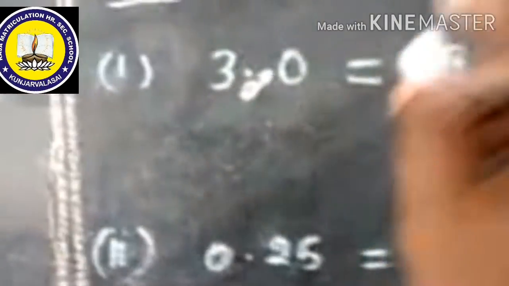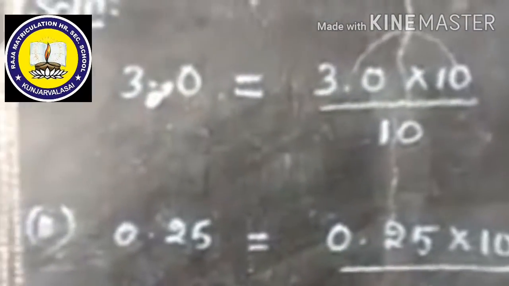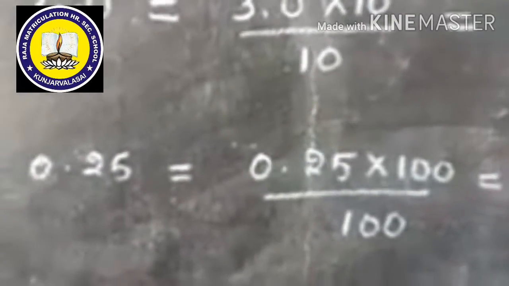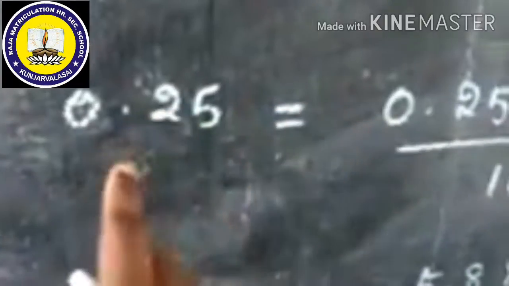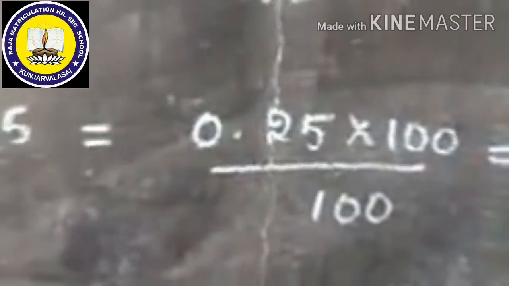Because the decimal point is placed in the ones place. If the decimal point is placed in two places from the right side, we multiply by which number? 100. Okay, this is the method of changing to a rational number.